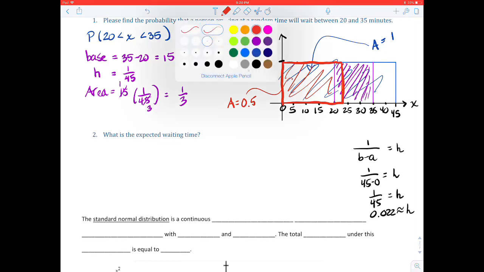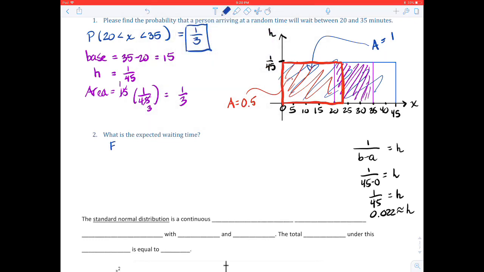Well, in general, the expected value of a uniform distribution is b minus a divided by 2, because that'll get you exactly at the center x value for your distribution.